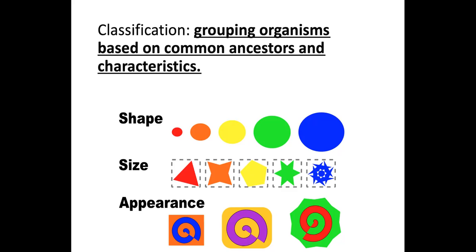Jeans go together, t-shirts go together, long sleeve shirts go together, hoodies go together, long sleeve dress shirts, short sleeve shirts, tank tops. Everybody following me? That's a way of organizing things, and everybody might do theirs a little bit differently.